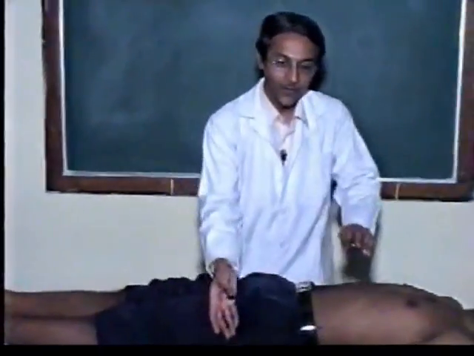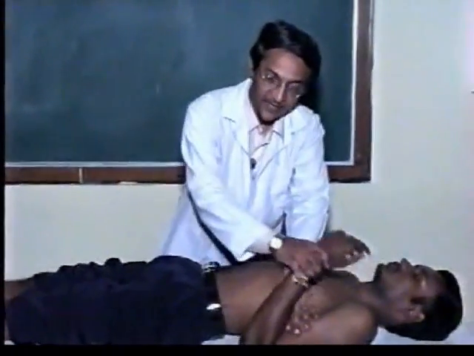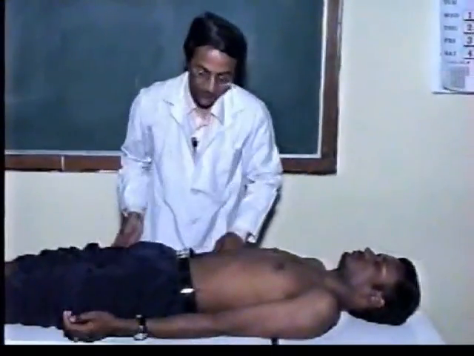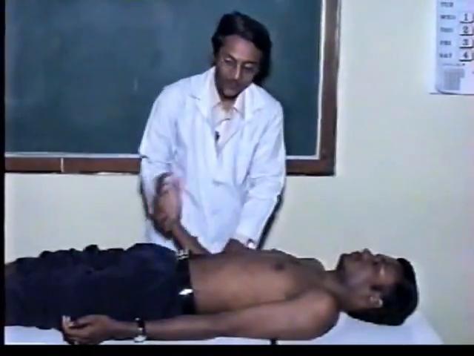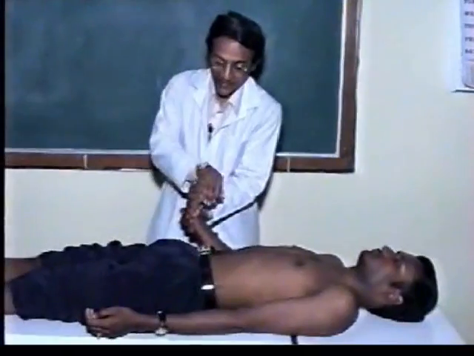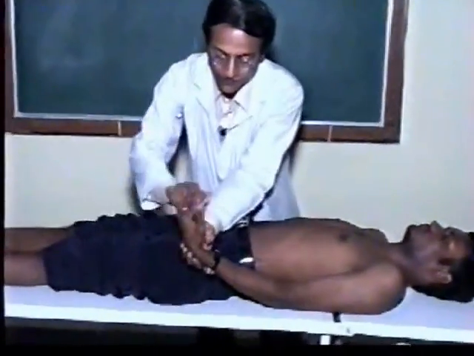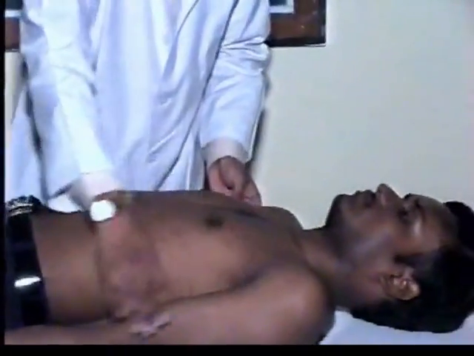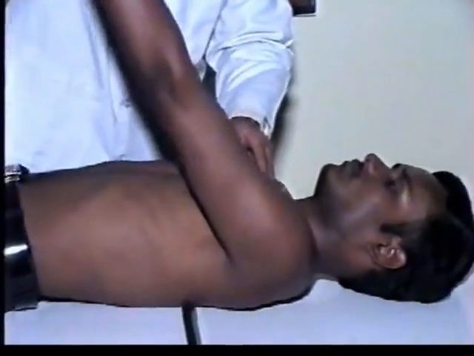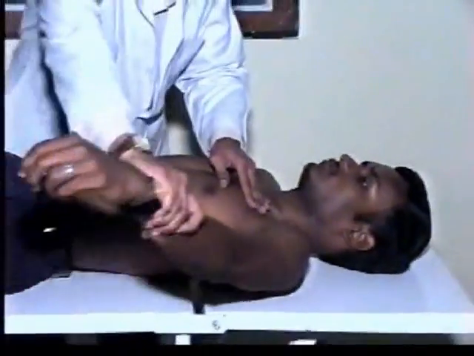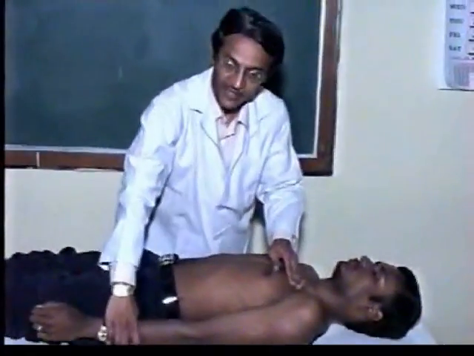In the upper extremity, flexors and extensors of the elbow and of the wrist can be compared. Movements of the shoulder such as flexion, extension, abduction, adduction can be tested for power.